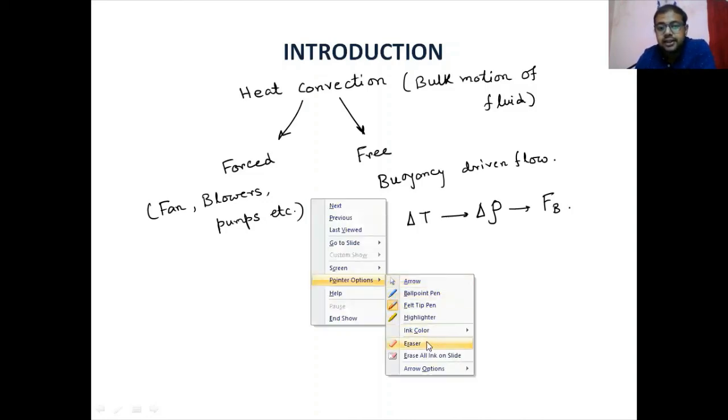Next is heat radiation, or radiative heat transfer. For heat radiation, literally no medium is required.